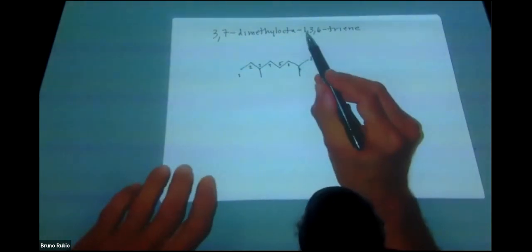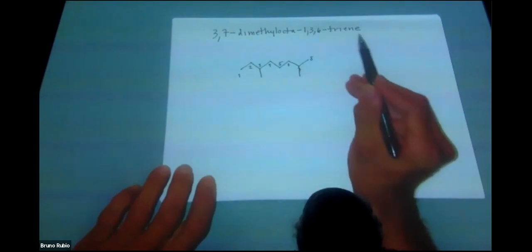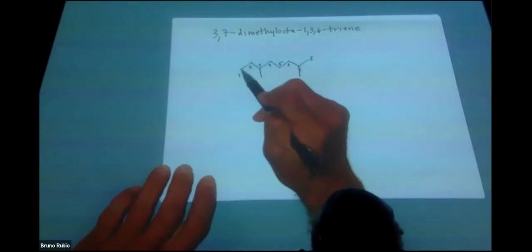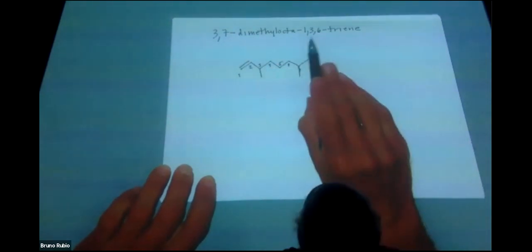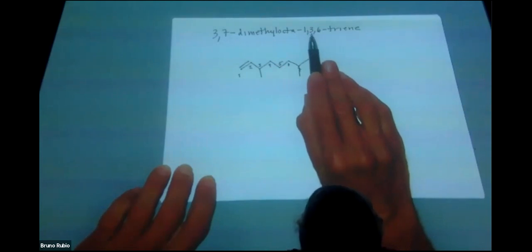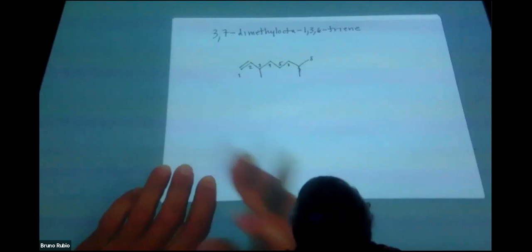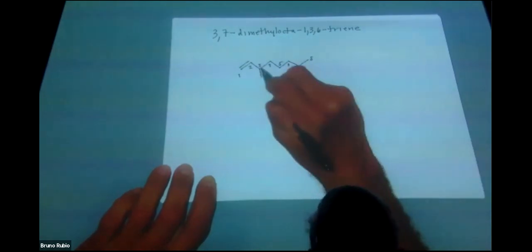So 1,3,6-triene means that a double bond begins at carbon 1 and goes to carbon 2. This 3 means the double bond begins at 3 and goes to 4. It never begins at 3 and goes to 2. It always goes from the number that is specified to the next highest number. So there's a double bond between 3 and 4.